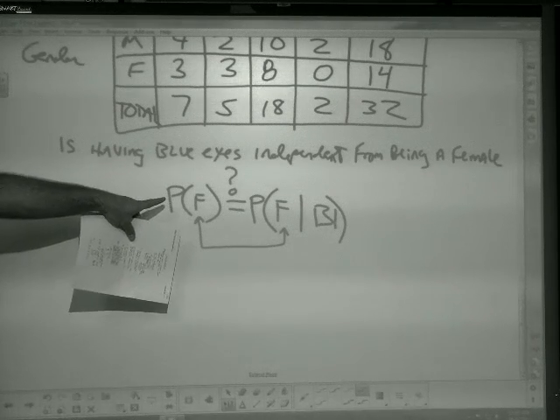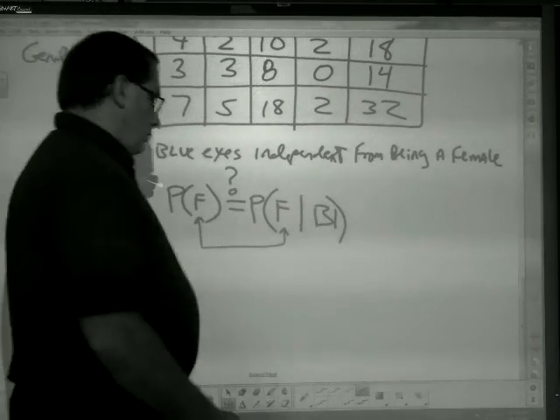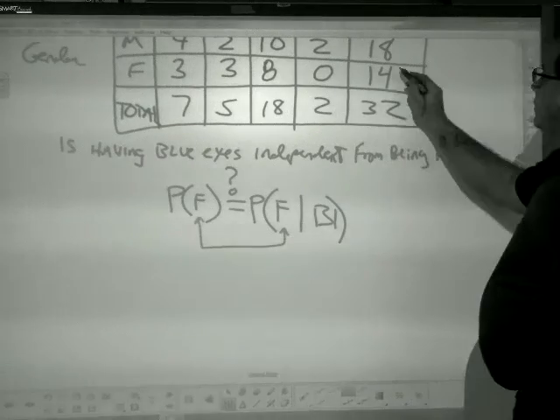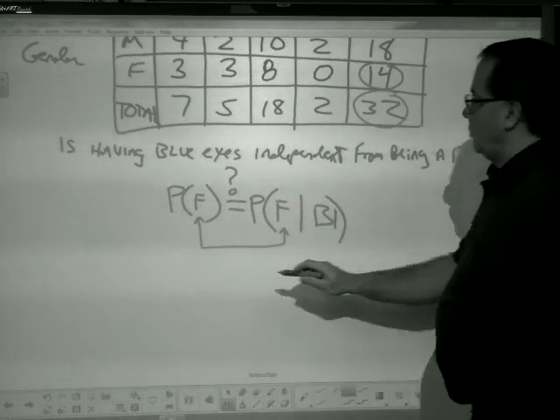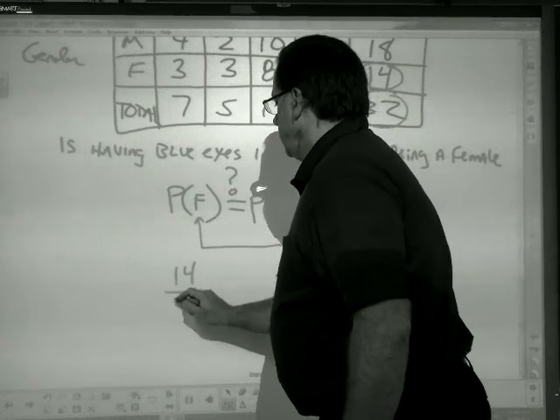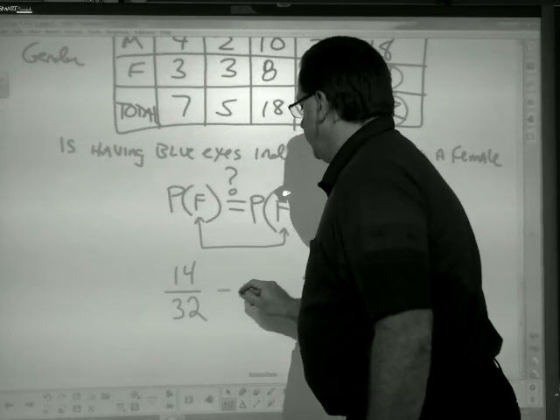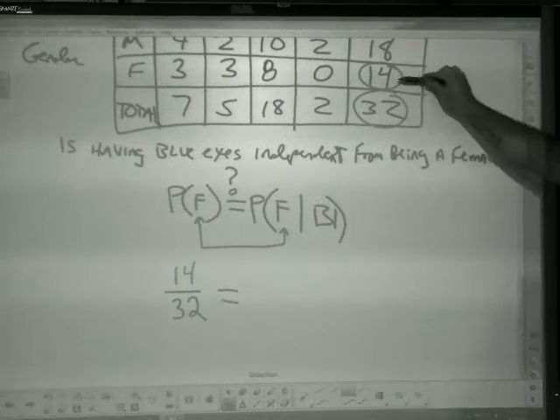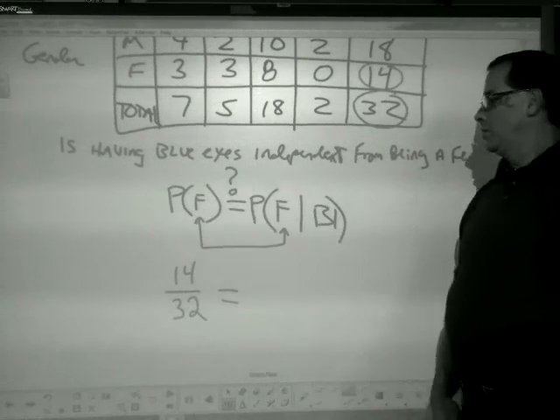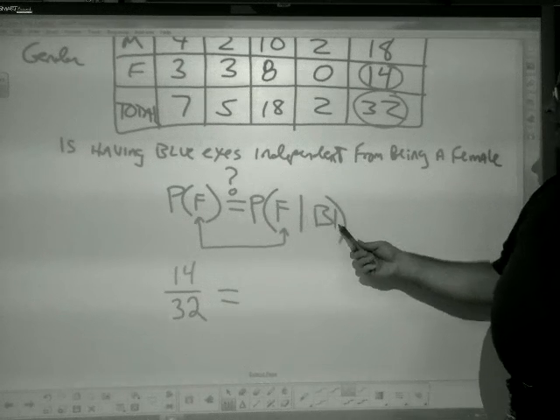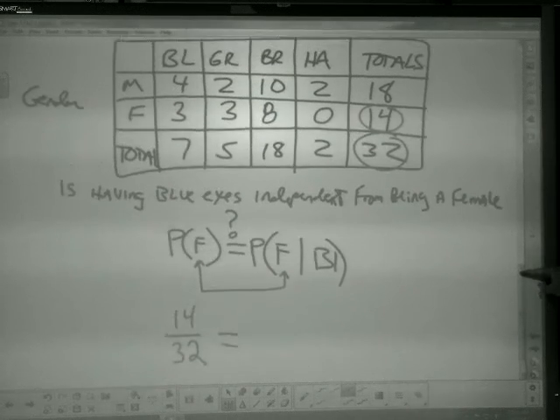Proportion of females. Okay, well, females, 14 are female out of 32. Females, 14 out of 32. That's the proportion of females. Females, given that they have blue eyes, okay?